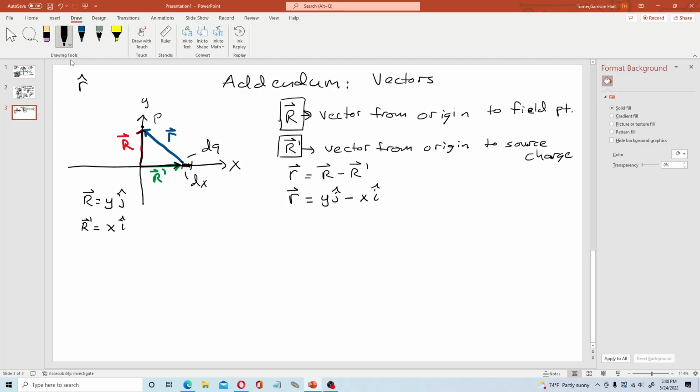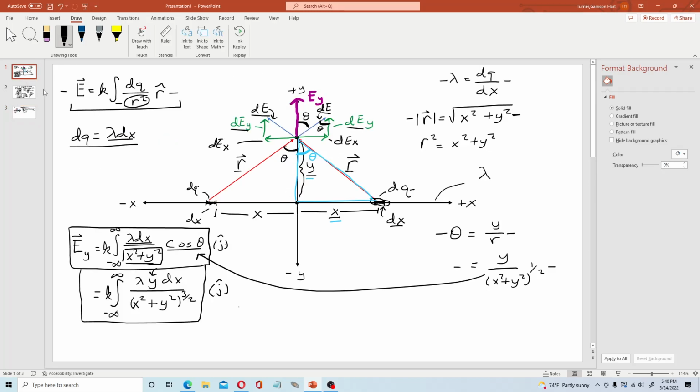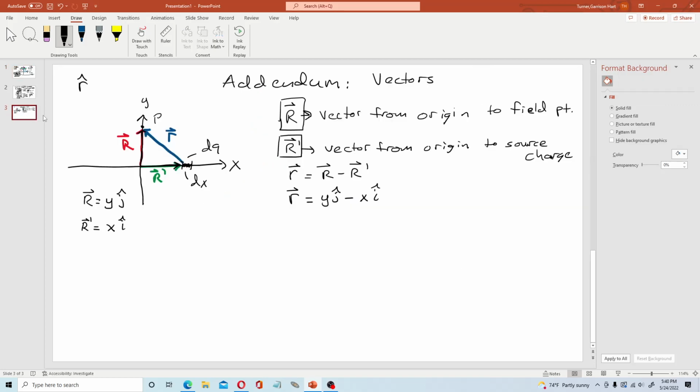And to get r squared for the denominator here, what you would do is dot this vector into itself. Okay?